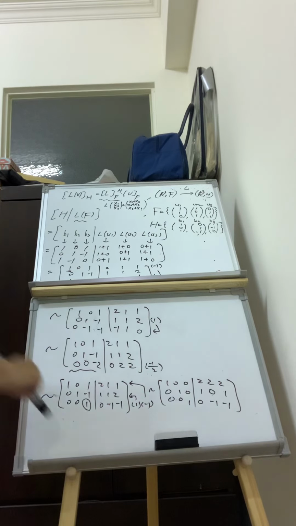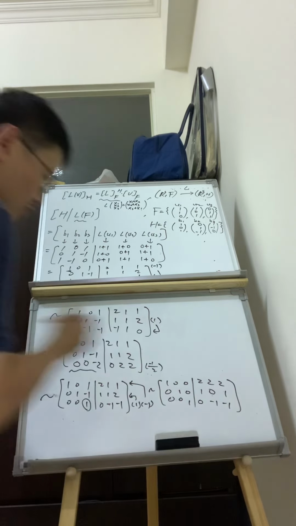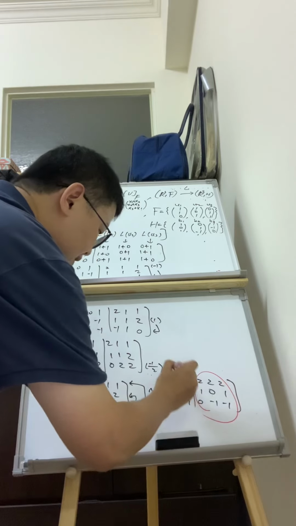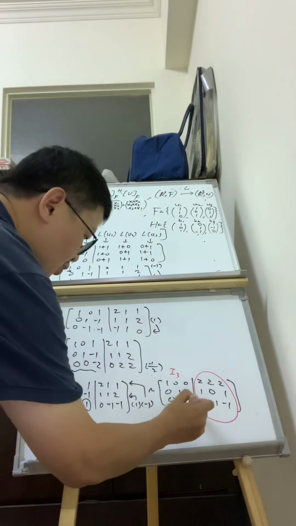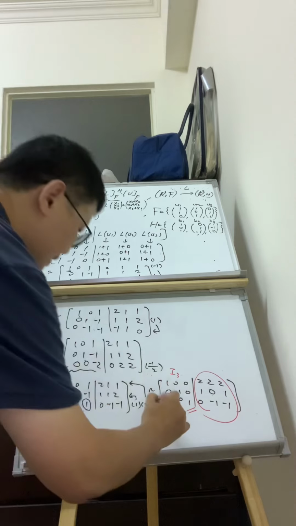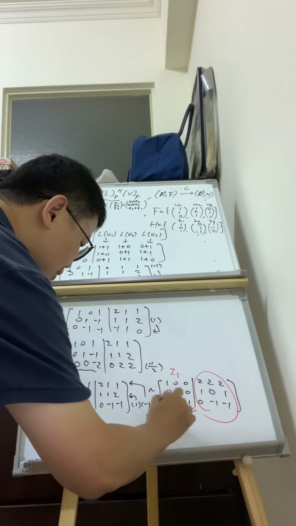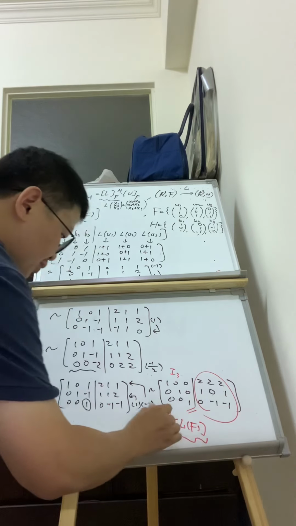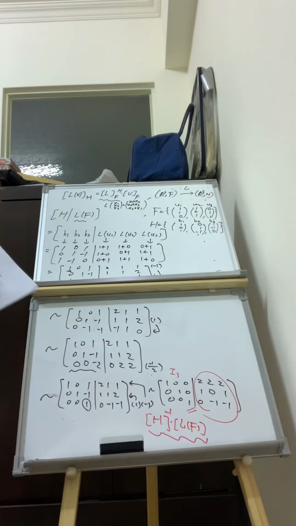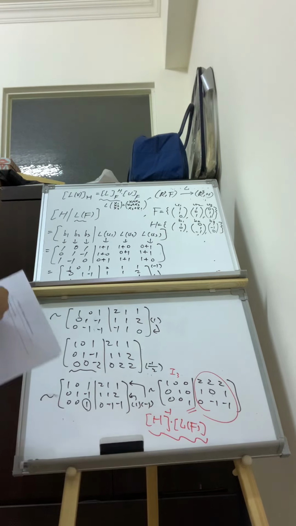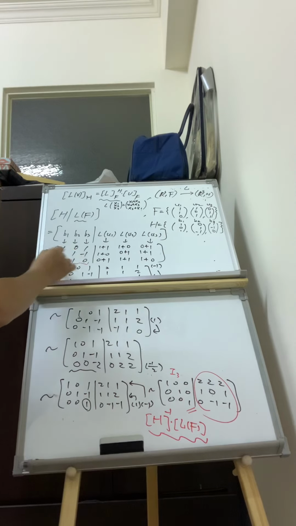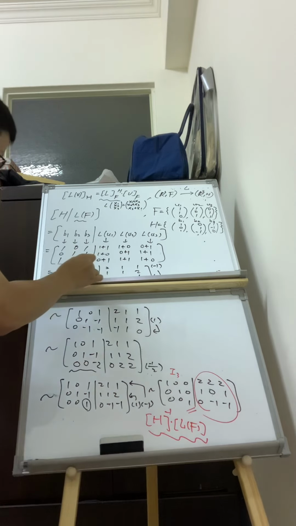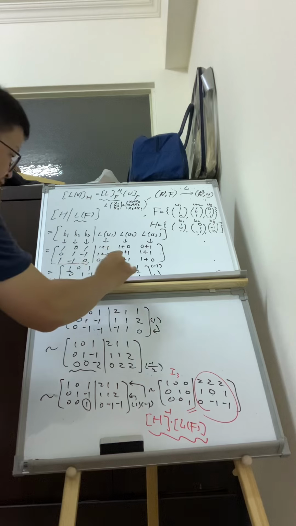Yeah. So finally, what we want. Actually, it's what we want. It's the identity, and it's what we want. And actually, it's exactly the matrix, the product of H inverse LF. What we want to figure out is their product, H inverse LF. So of course, you know the matrix H is this one, LF is this one.